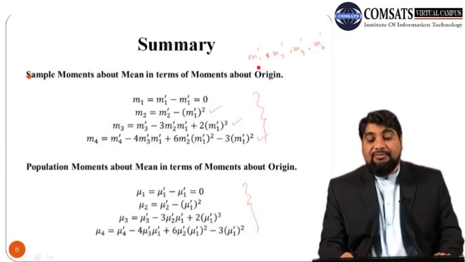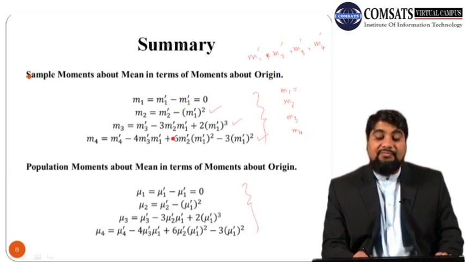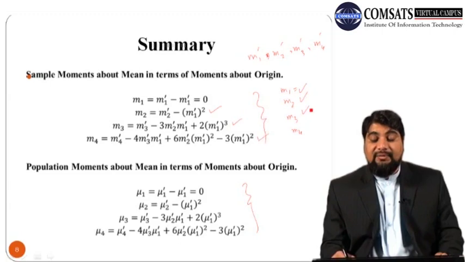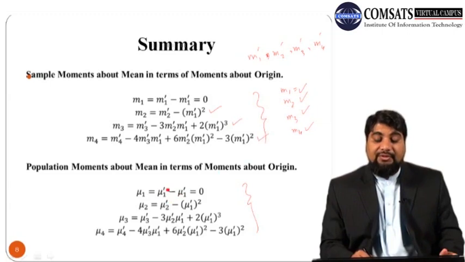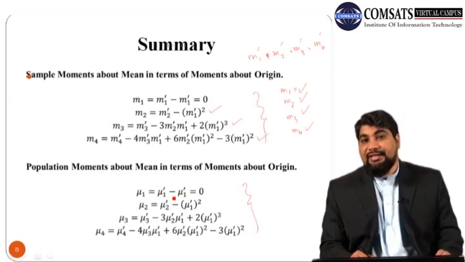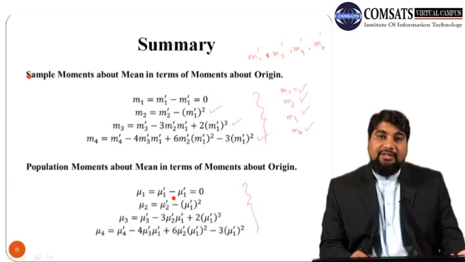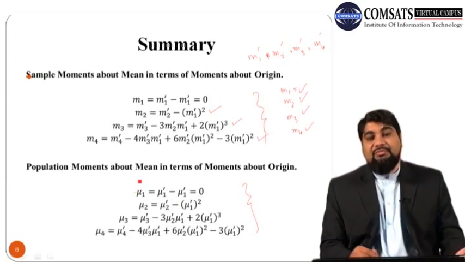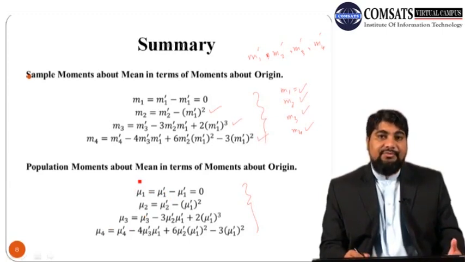If we know these values, we can substitute them in these formulas and calculate all these sample moments about mean. Similarly, if we know the values of mu1', mu2', mu3', and mu4', we can calculate population moments about mean, which are mu1, mu2, mu3, mu4, using these formulas.